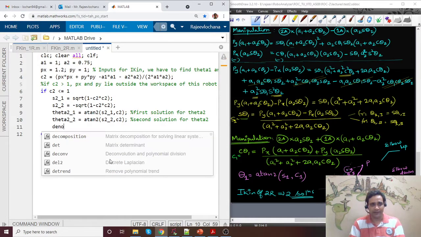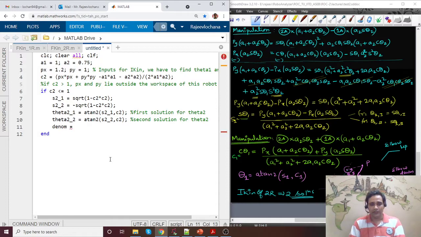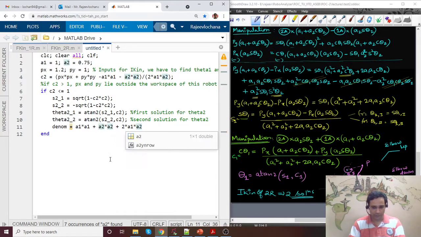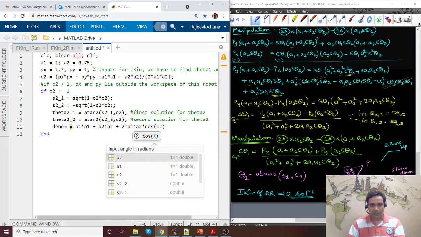So let me write it as denominator, a term sometimes called delta: A1 square, that is A1 into A1, plus A2 square, A2 into A2, plus 2 into A1 into A2 into cos of, now which one do you choose, theta 2 underscore 1 or theta 2 underscore 2?